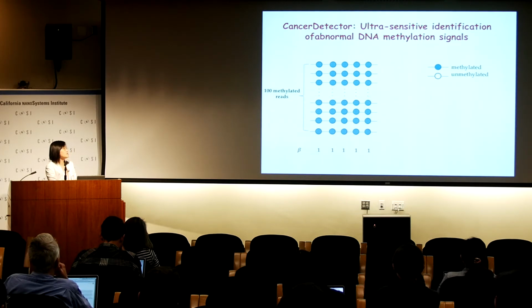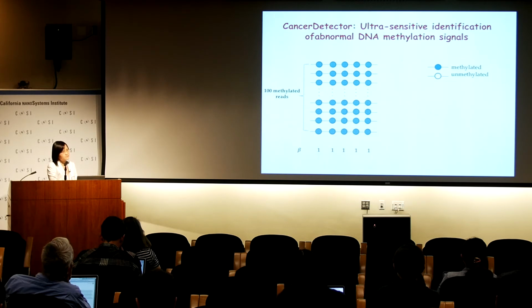Because methylation has the pervasive feature, you would expect that in the same read, if one CpG site has a methylation signal, then other CpG sites should also be methylated. So you can see the beta value is 1 because across 100 methylated reads, they are all methylated.